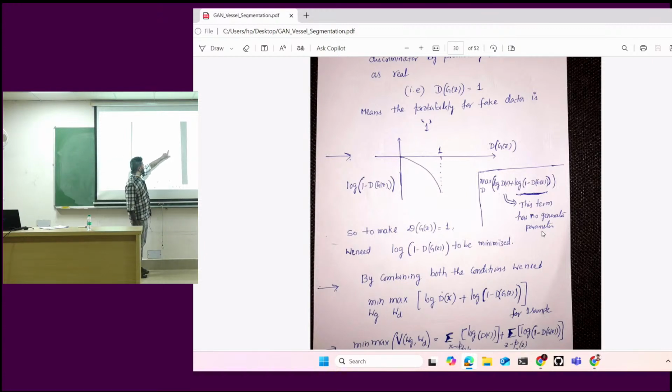There are two terms here. One term is this, another term is this. This term is in terms of the sample from the generator.